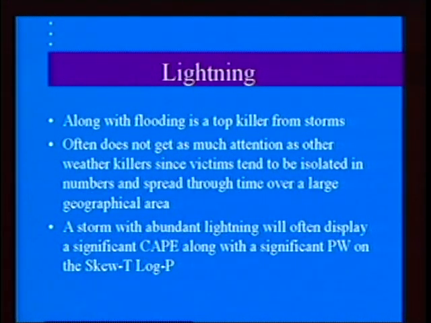A storm with abundant lightning will often display a significant value of CAPE along with a significant amount of moisture on the Skew T log P sounding. So if you have large CAPE, you're going to have a strong updraft. So the bottom part of your thunderstorm is going to be very warm.